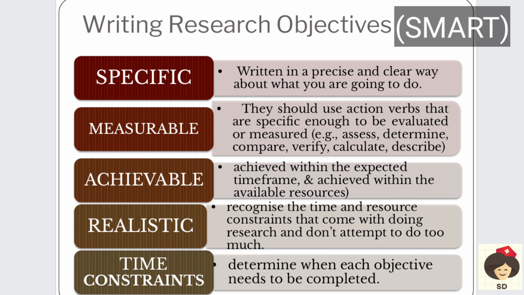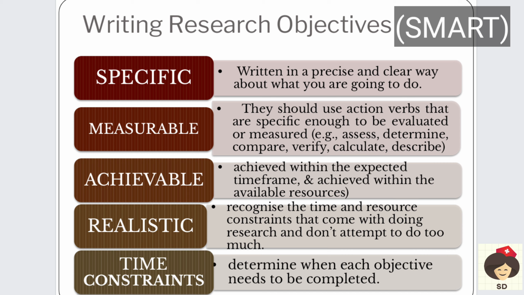Next is realistic. Realistic means the researcher must recognize the time and resources available and make the objective in a realistic way. What the researcher cannot do, when it is a very broad area and he is not able to do it, should not be written in the research objective. And lastly, time constraints.